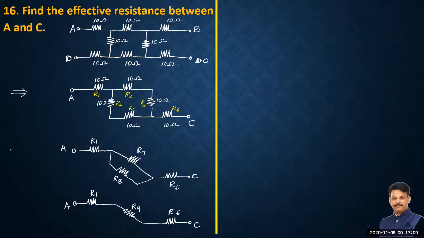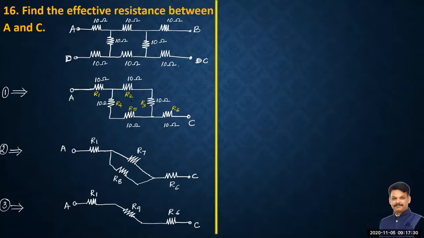Dear students, without such network analysis, without such modifications in the network, you cannot find the equivalent resistance in the circuit. So let us move to the first step now. This is the first one, second, then the third.